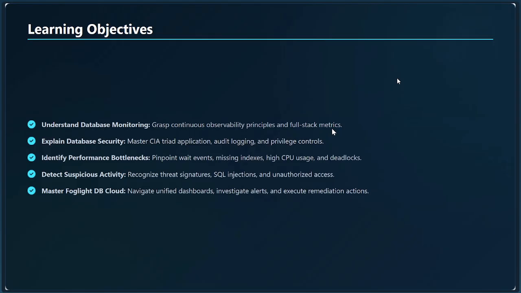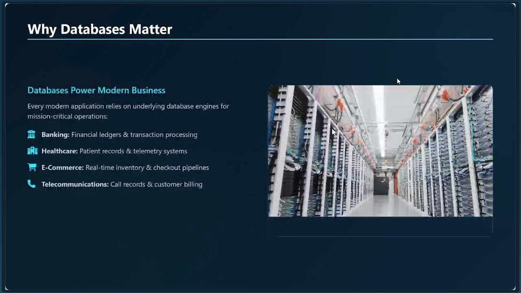Just like I said, we'll identify bottlenecks. We'll know what bottlenecks are when it comes to database performance. So we'll see how we can also detect malicious activities in databases. We'll now see Foglight and so on as it works.